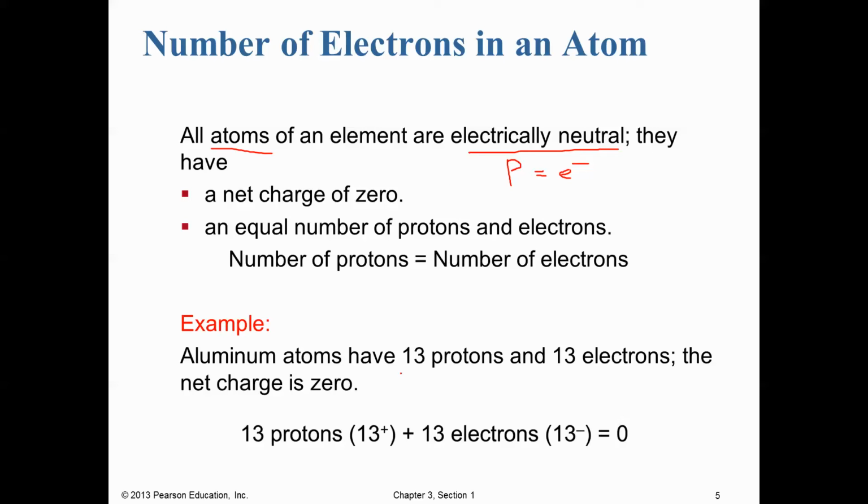So aluminum, for instance, is atomic number 13, which means we have 13 protons, but the atom of aluminum is also going to have 13 electrons, and that positive charge and negative charge cancel out to an overall net charge of 0 for any atom. So again, atomic number will also equal the number of electrons in addition to the number of protons when it comes to atoms.